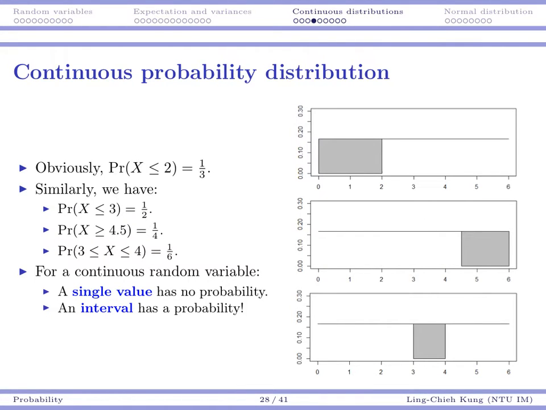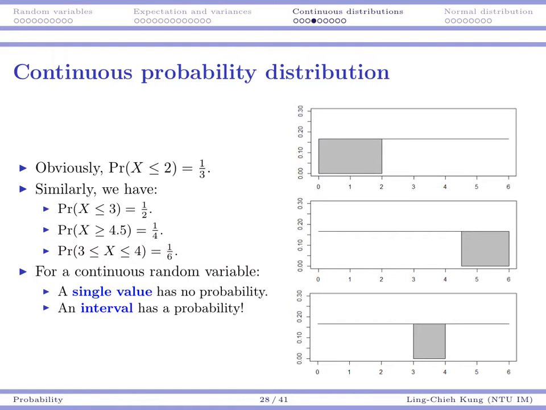If we ask you, I'm going to randomly draw from 0 to 6, and I ask you what's the probability for x to be less than or equal to 2, then well, 0 to 2, 2 to 4, 4 to 6. We know 0 to 2 is 1/3 long of 0 to 6.